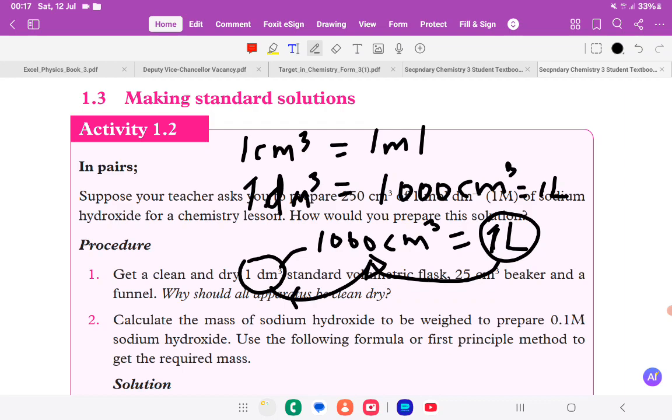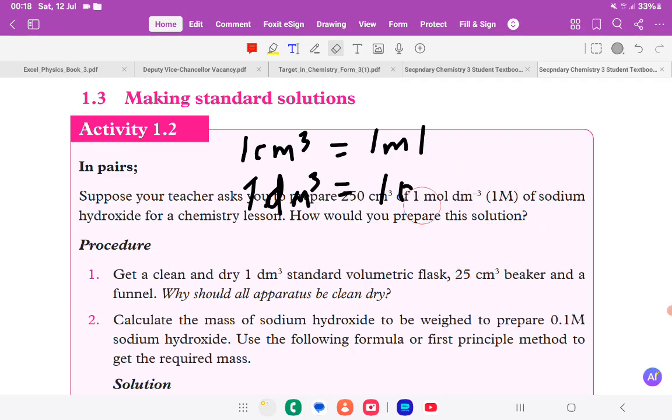So you need to know these relationships. They are very, very important when it comes to handling concentrations of solutions. I thought I should mention this right away before we proceed. I hope you have taken note of this. All right, so the procedure is a simple one, but you need to pay the best of your attention.